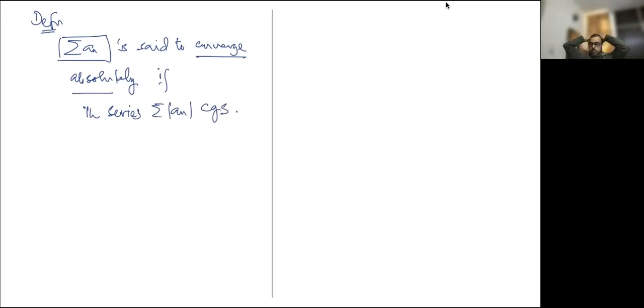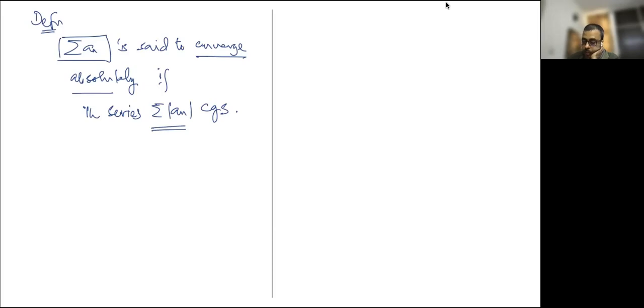Okay, so the series converges absolutely if not that series itself, but this series converges. So you are replacing each term by its absolute value, you get another series. If that series converges, then you say that the original series converges absolutely.